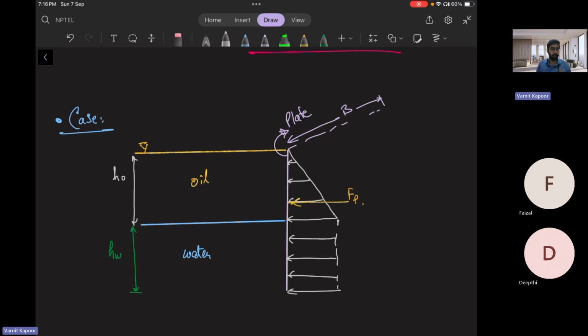So this is your second diagram from here. And the third, the hydrostatic pressure of the water, will also be there, which will be added. So this is your hydrostatic pressure of the water.